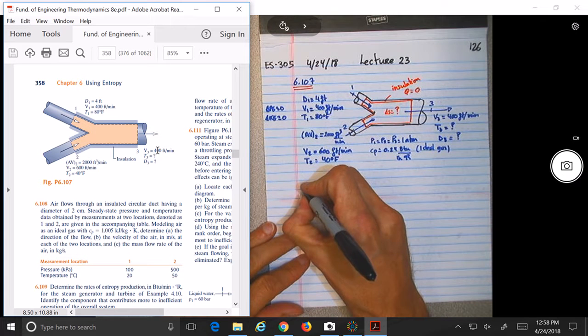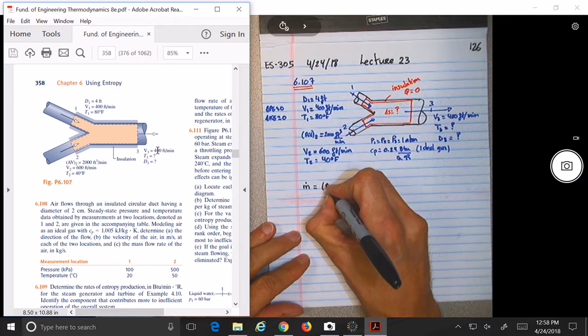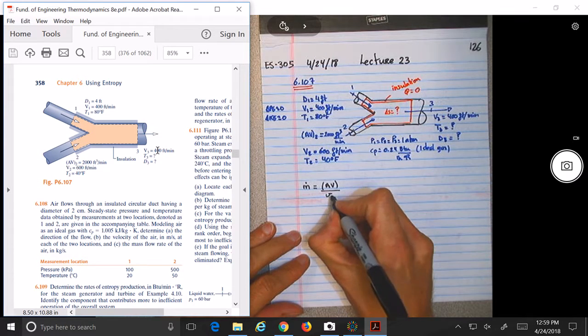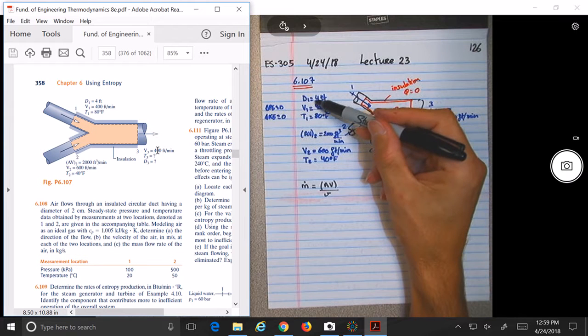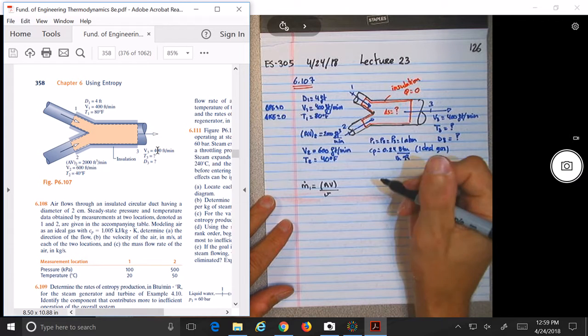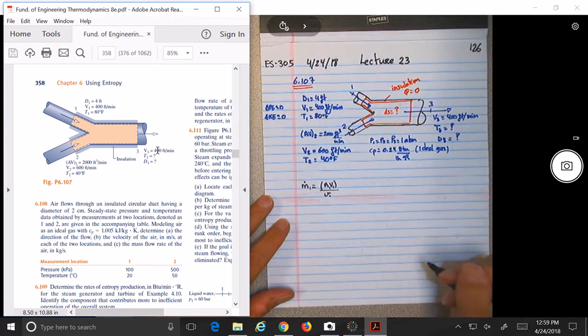So what is the expression for the mass flow? Is it AV divided by specific volume, no? So, okay, let's say then, M1 would be equal to what? A1 V1 divided by v1, no?